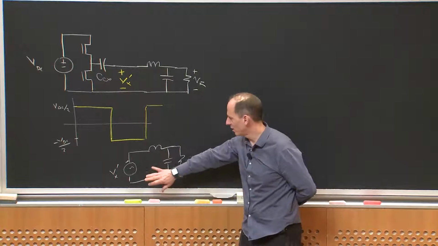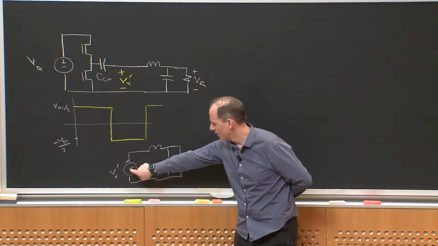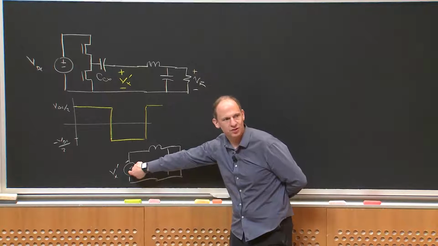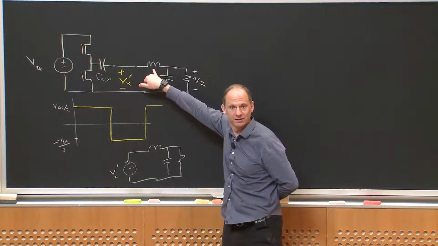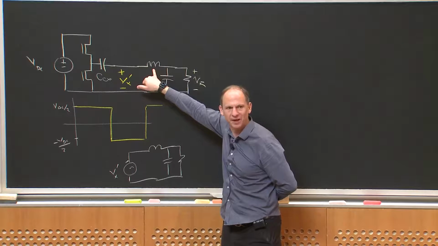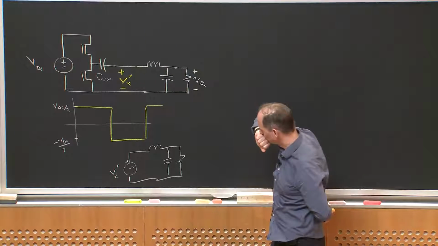So this is a parallel resonant network driven by a voltage source inserted in series with the resonant inductor here. That's how somebody would think about this in terms of a resonant converter.